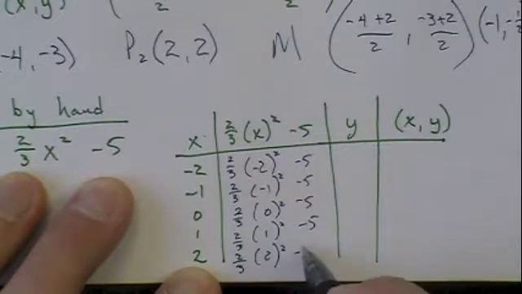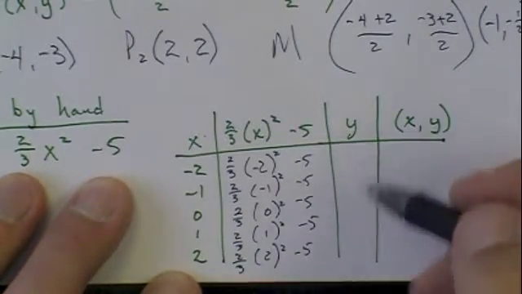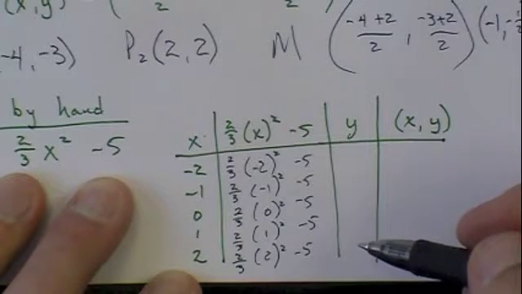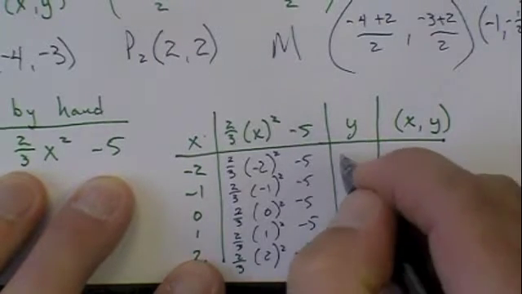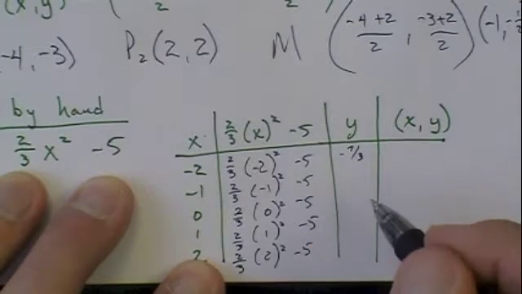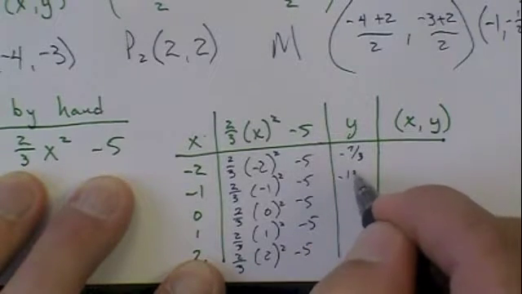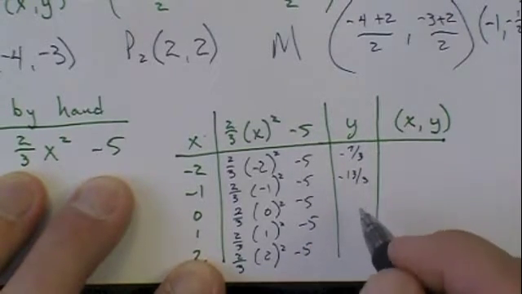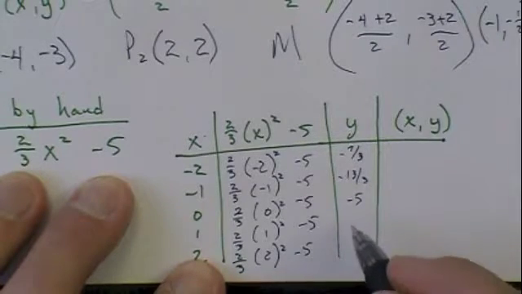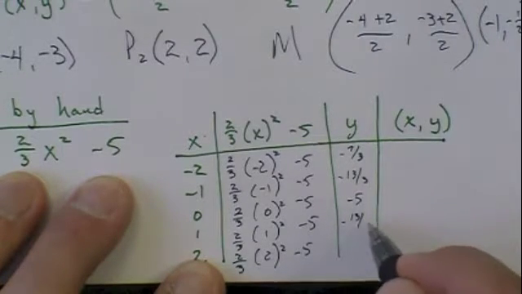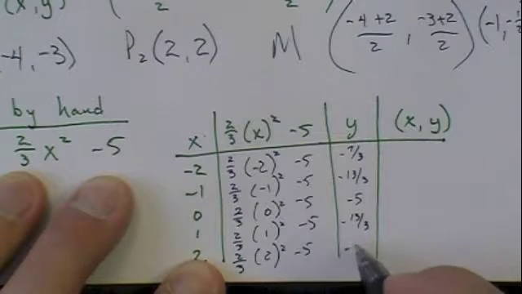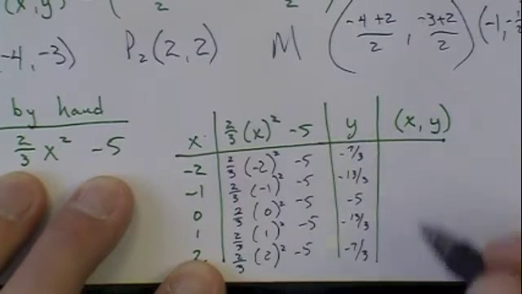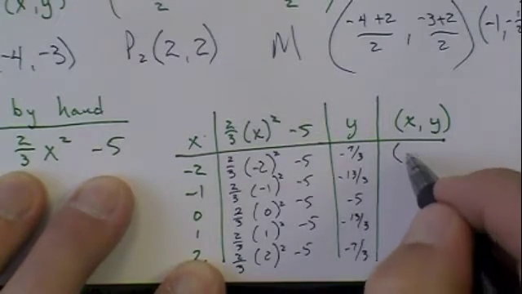So we have our x values that we have picked, and we're solving for y at each of those points. So we end up here with -7/3. This one is -13/3. Here we're at -5. Here we're at -13/3. And here we're at -7/3. So now we have points that we can plot.